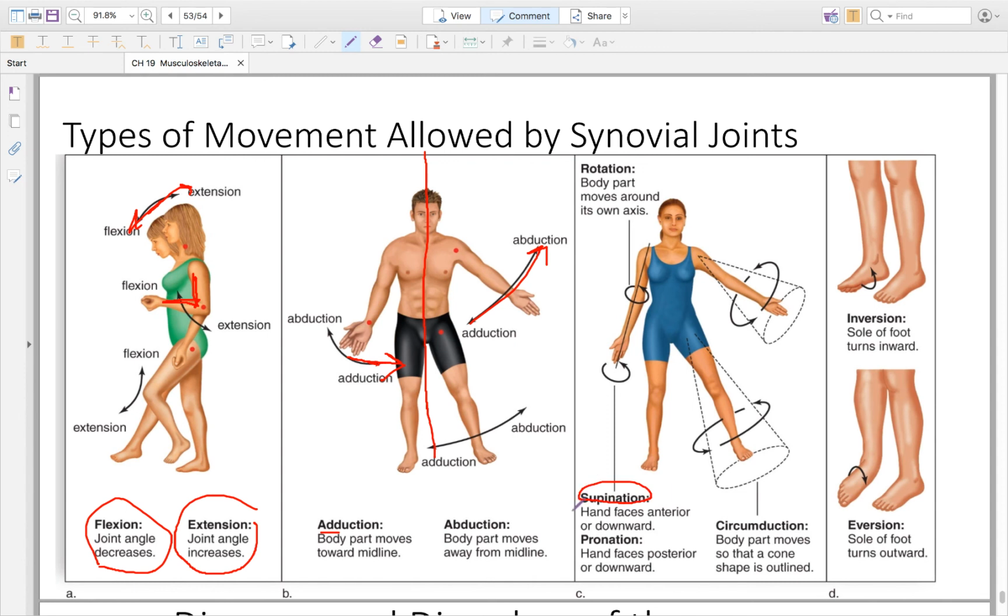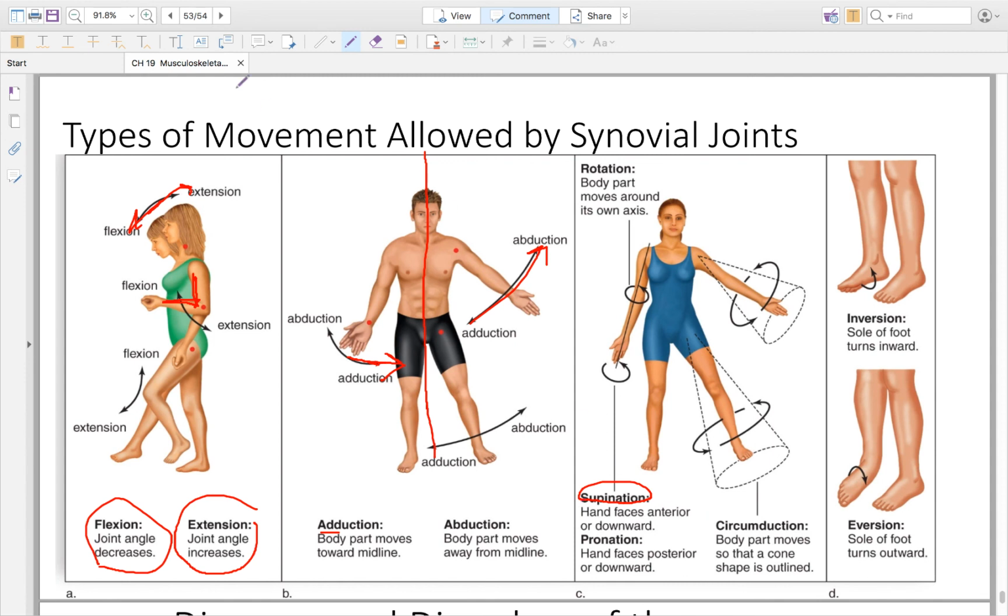Supine. Being supine or supination is when your hands are facing upwards. Okay, the hand faces anterior. Okay, pronation is when the palm faces posterior or downwards.